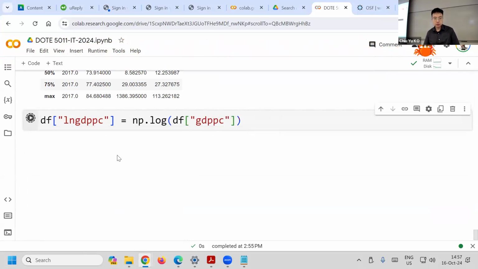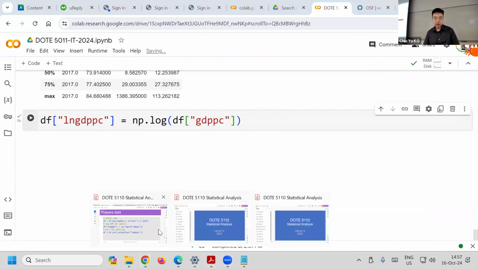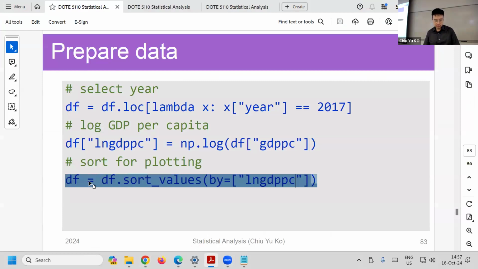So I just take the log, and then I have to sort them.